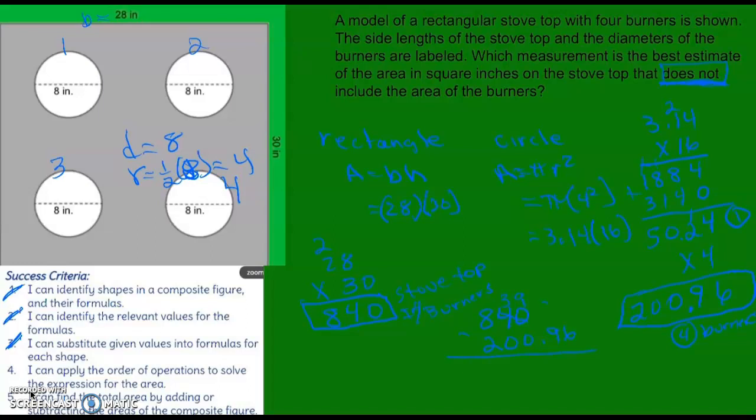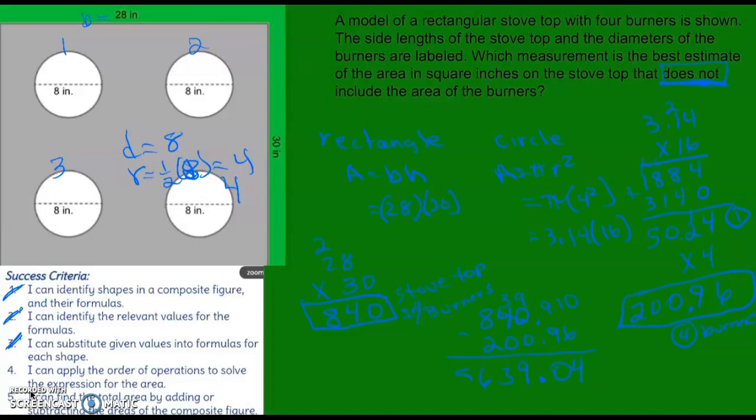That leaves me 39, 9, and 10. 10 minus 6 gives me 4. 9 minus 9 is 0. I bring down my decimal straight down. 9 minus 0 is 9. 3 minus 0 is 3. And 8 minus 2 is 6.